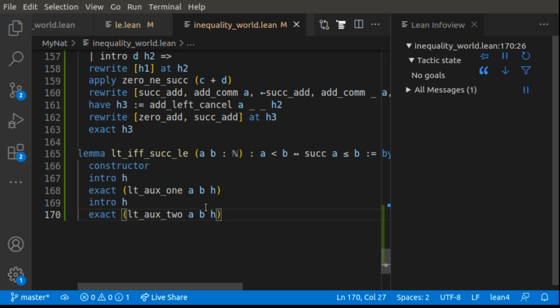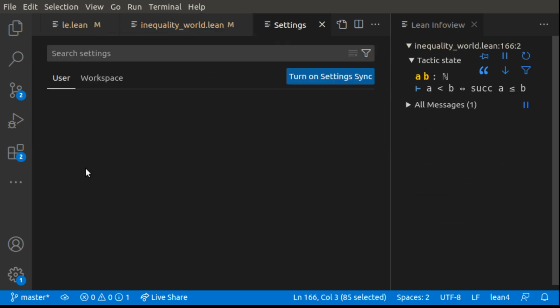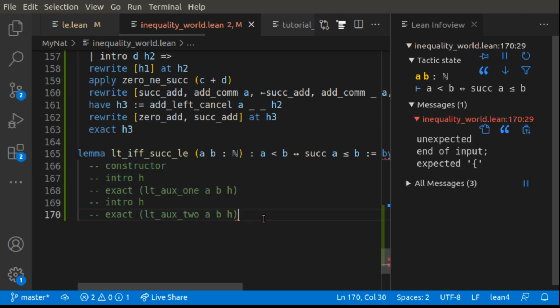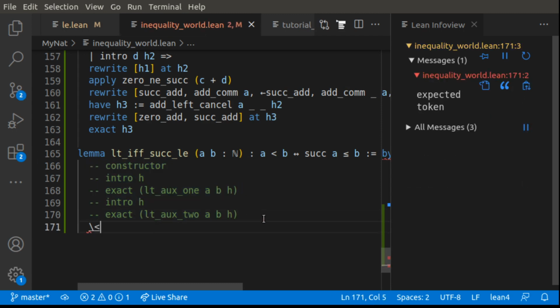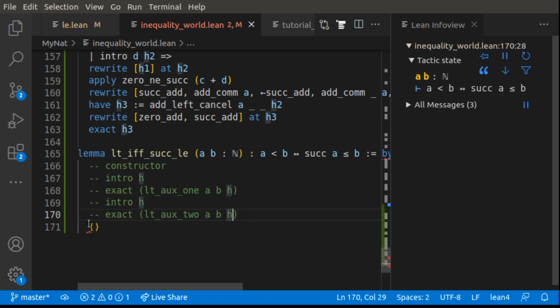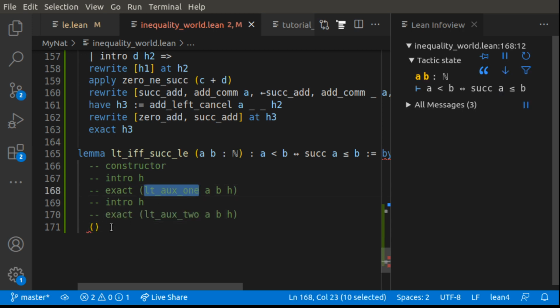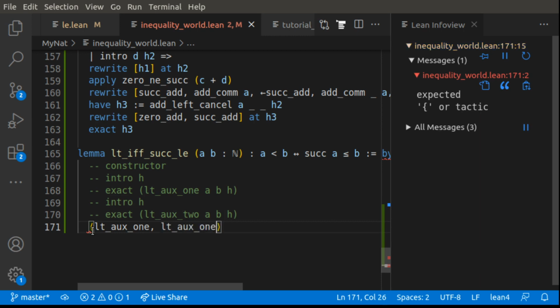Okay, I think I can actually do this with, oops. There might be a way to code golf this to do something like LTX1, LTX2. Does this work?